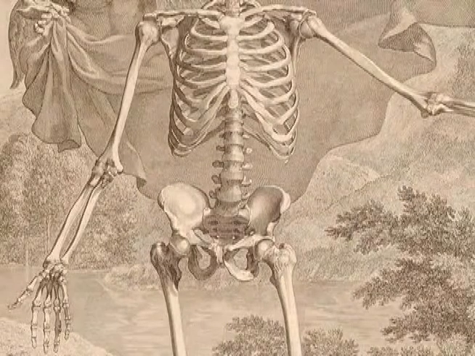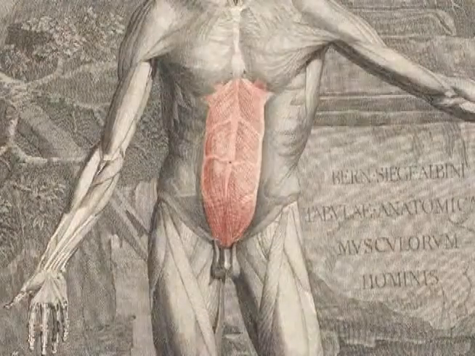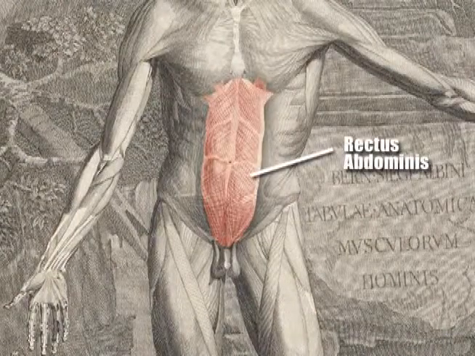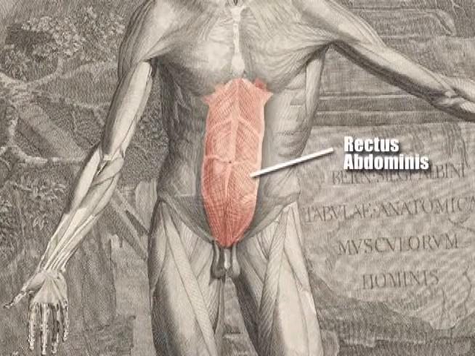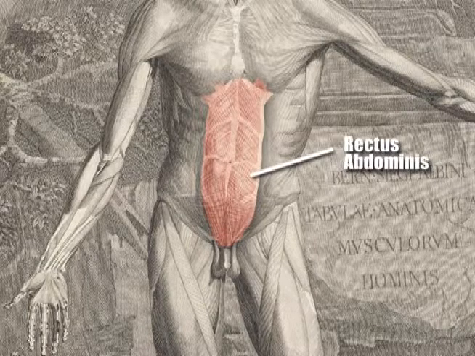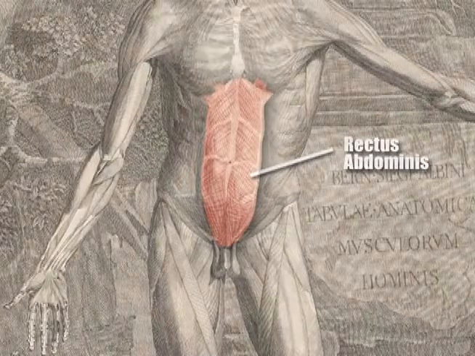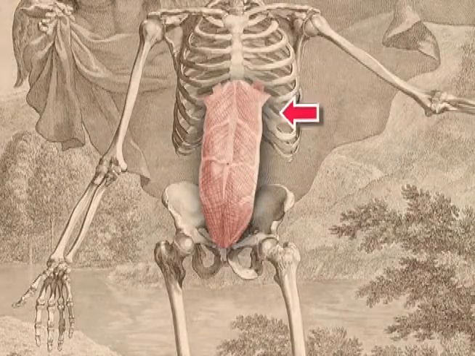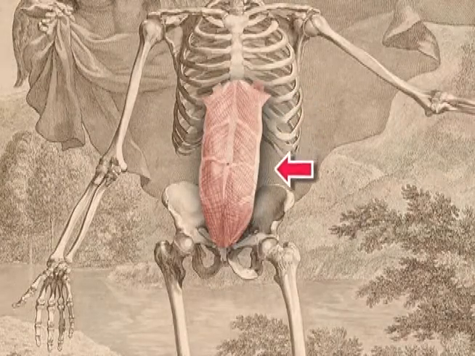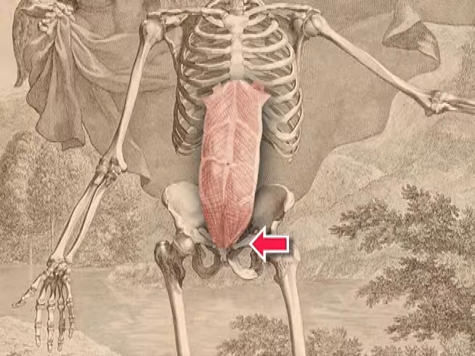Bridging the gap between the ribs and the pelvis is the rectus abdominis, or the abdomen. It's a wide band of muscles situated on both sides of the median line, which tapers as it descends from the 5th, 6th, and 7th ribs to the pubic symphysis of the pelvis.